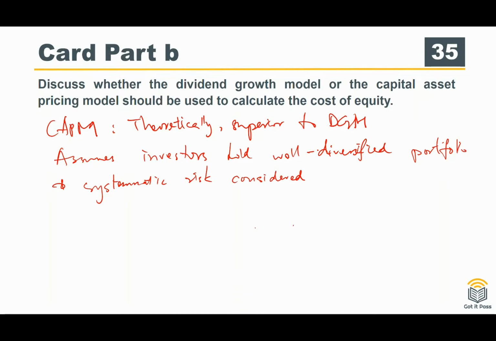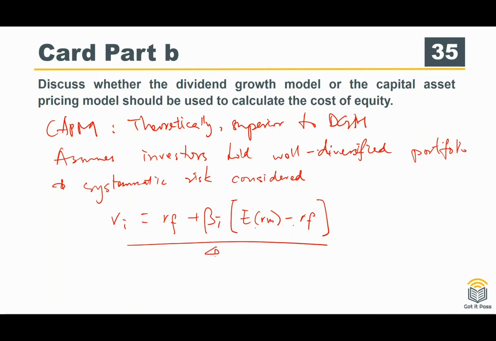But the problem is, we're checking the formula. Here the cost of equity is equal to the risk-free rate plus beta, for example beta i, times the expected market return minus the risk-free rate, which is the average equity risk premium. And here, the most challenging part is the beta.